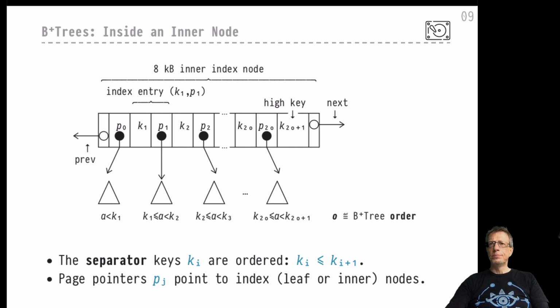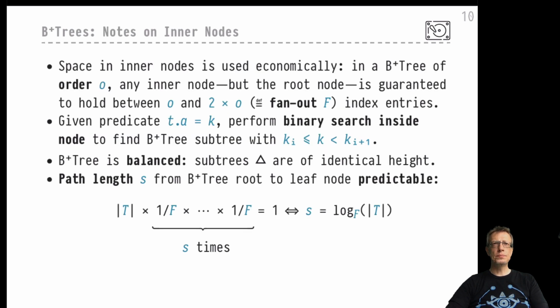Okay, some more notes on these inner nodes, before we switch over to the terminal again and see how that indeed looks inside PostgreSQL itself. Okay, so let's first talk about this O parameter. This is related to space usage in the nodes of a B+Tree, in particular of the inner nodes at this point.